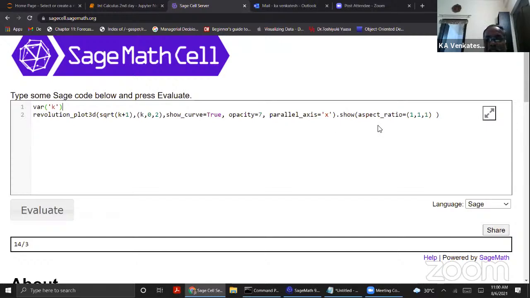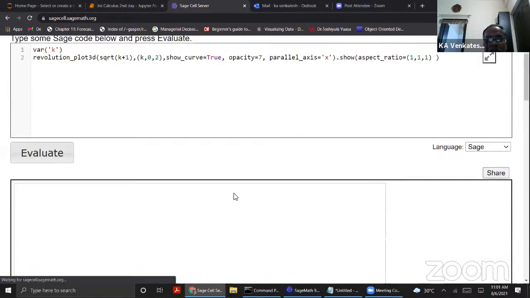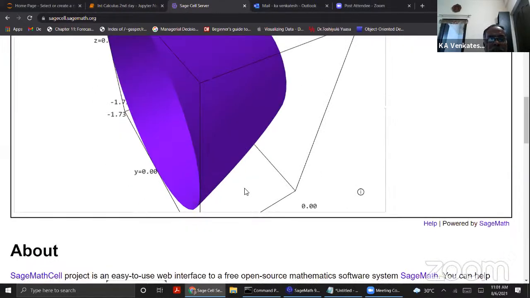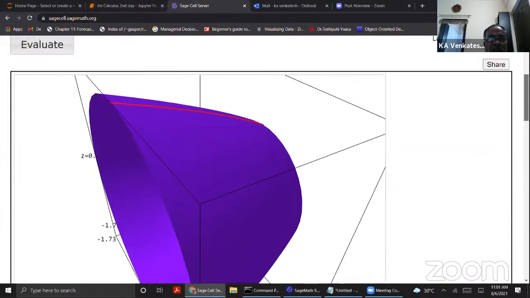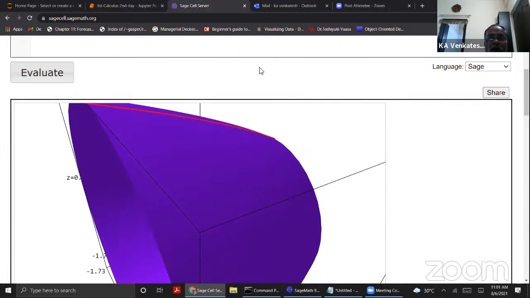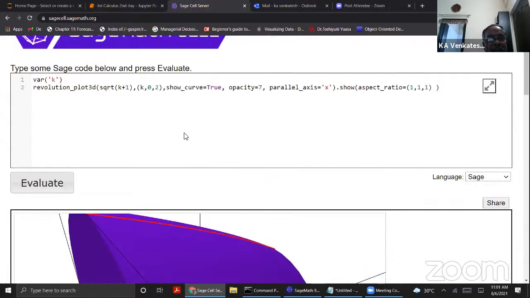This is defined; I'll press evaluate. Are you able to see? You can enlarge it. Now you go there, I'll go up. Please type it and verify it. Now you can play with this.